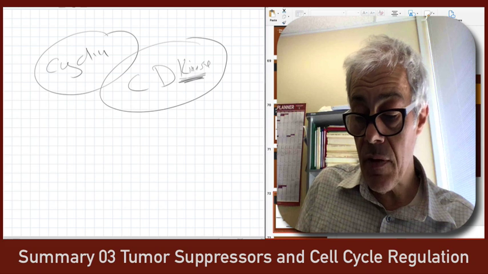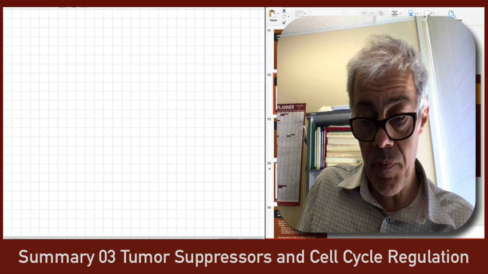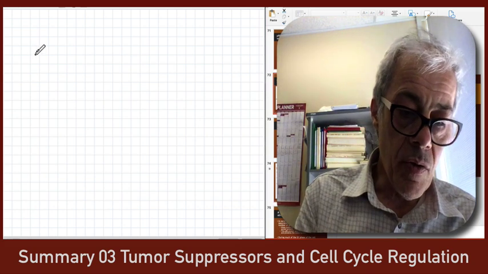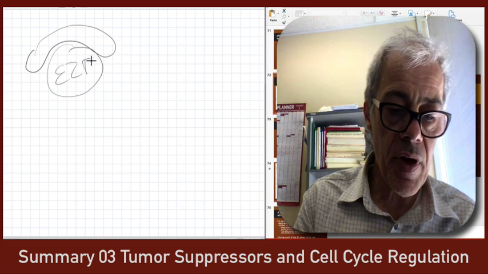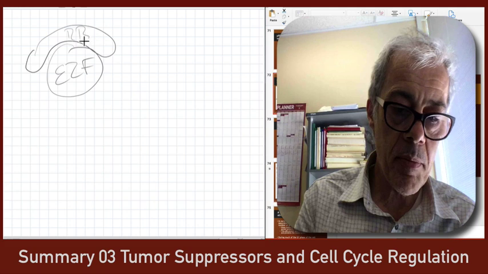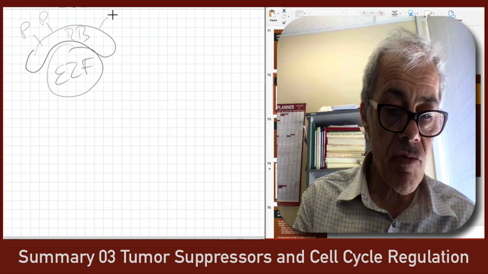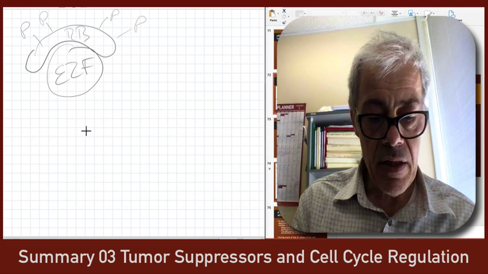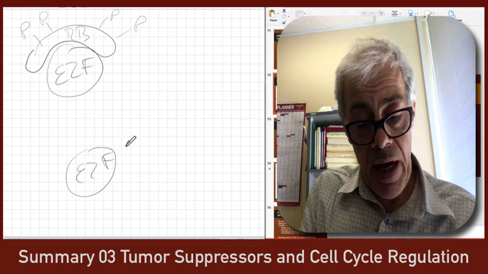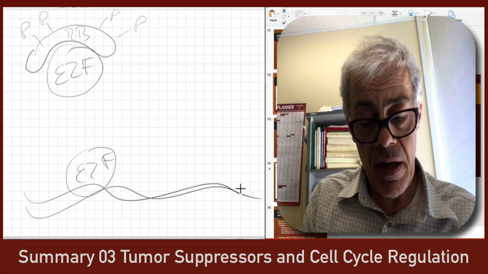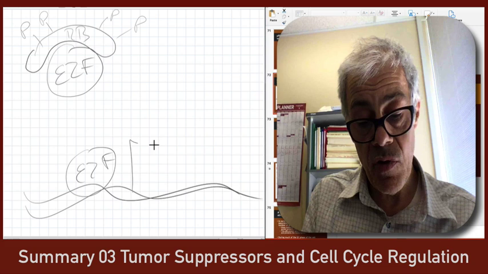Okay, and what's the outcome of this? Well, if we think of retinoblastoma as this kind of shaped thing, it's bound to E2F. So this is RB, and that's E2F. When you phosphorylate the retinoblastoma, it can release the E2F, or at least that's a simple way to think about it. And then the E2F can bind to a promoter region of a gene to drive transcription.